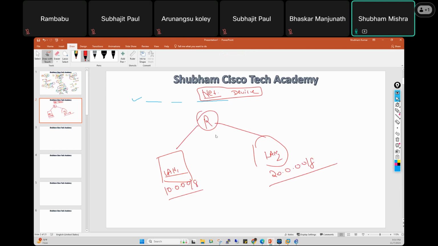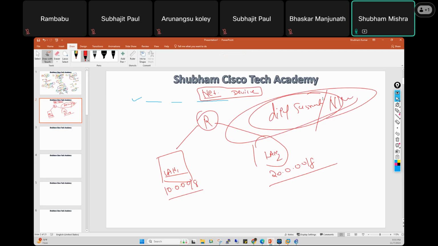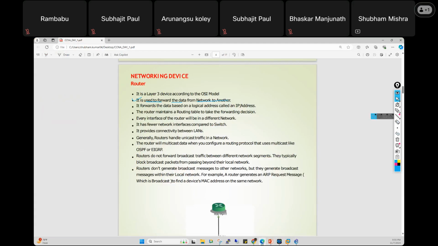It means the router helps us make communication possible between different subnets. You can say subnet or you can say network. So that is the use of a router. That's why I mentioned that it is used to forward data from one network to another.